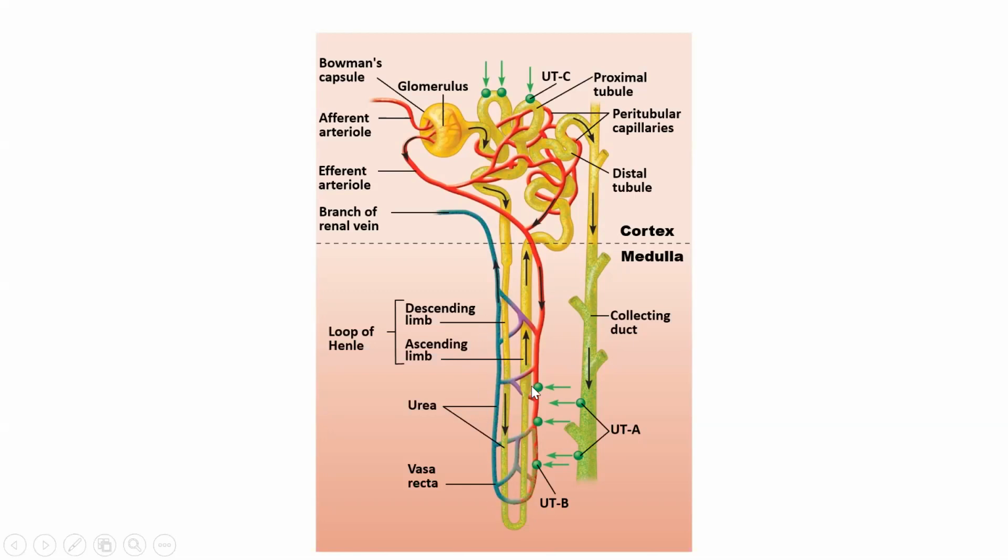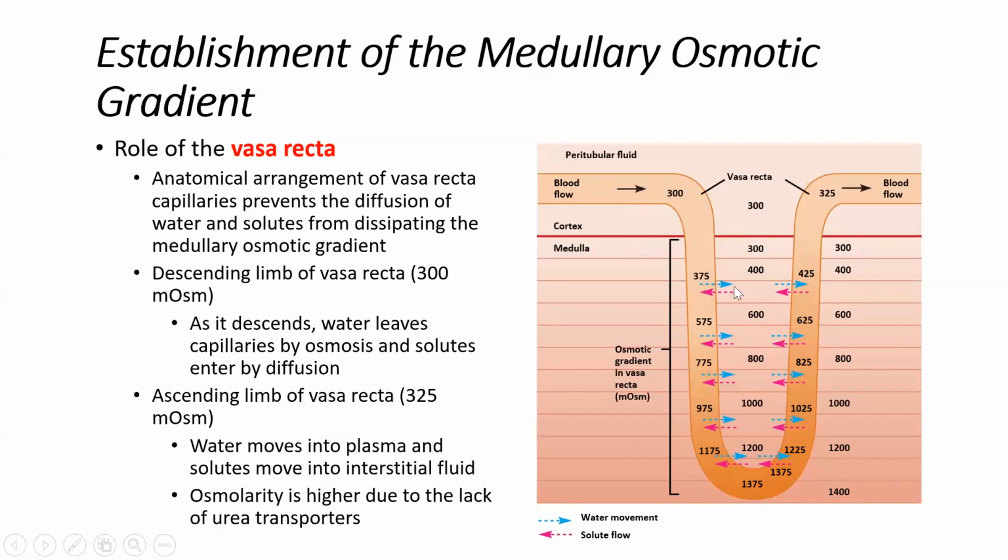And so basically we can move urea through the descending limb. And remember I said urea has this osmotic pull. So if I am able to move urea through the descending limb because of the fact that I've got transporters for urea, then water will move across the descending limb.